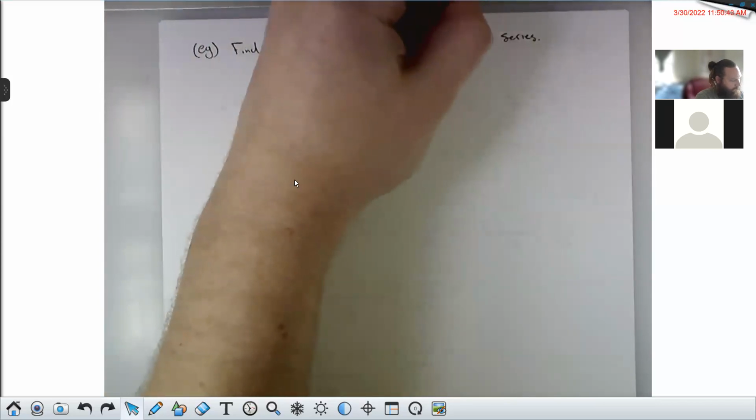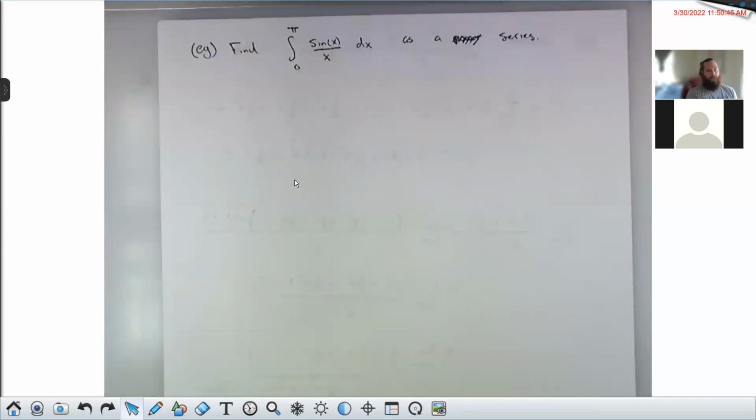I'll just say as a series. The result here is not going to be a power series, it's going to be a number because we're doing a definite integral, but we will use power series.